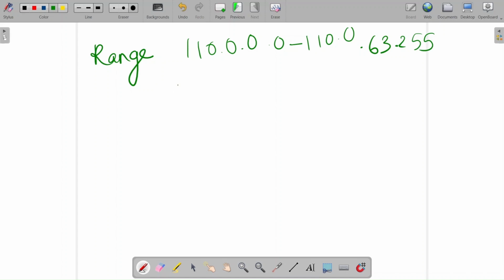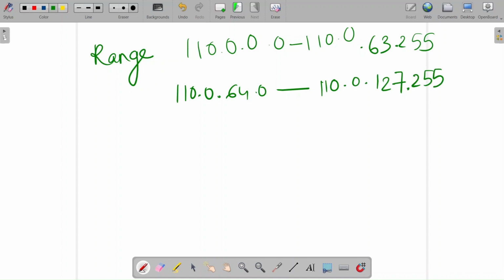This will continue from 110.0.64.0 to 110.0.127.255, and so on and so forth. Let us verify. The octet we were told was the third one. You can see it's increasing, and the increment was 64, also visible. See, it's increasing by 64.